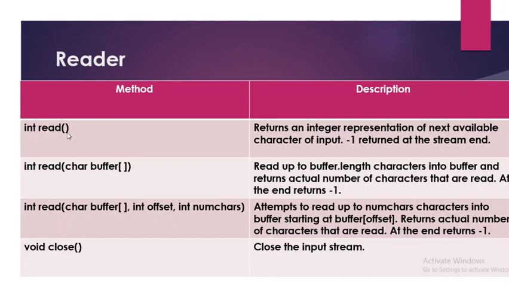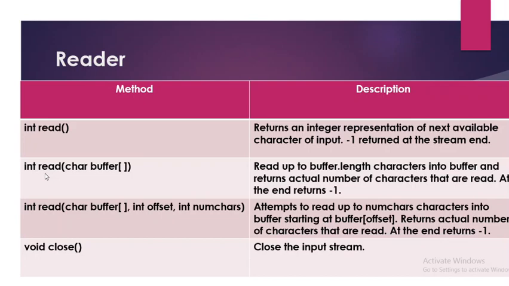And at the end of the stream, you will get the return value -1. In other words, the end of the stream is indicated by the -1 return value, and this is a very important thing while writing programs using reader classes.